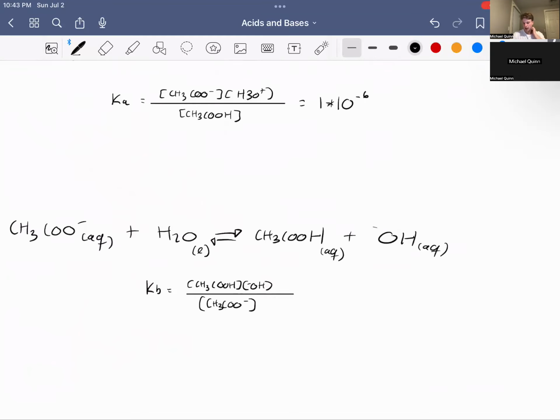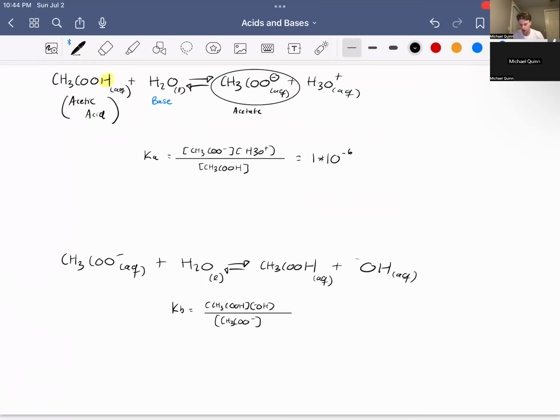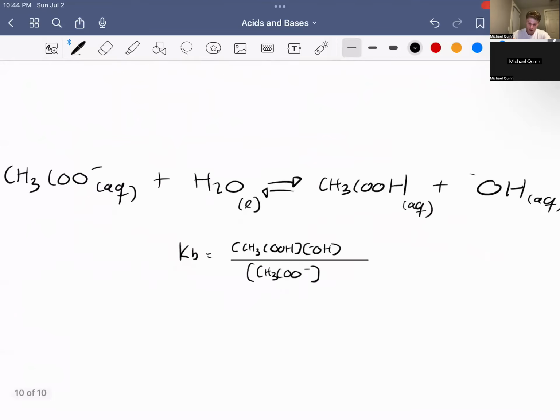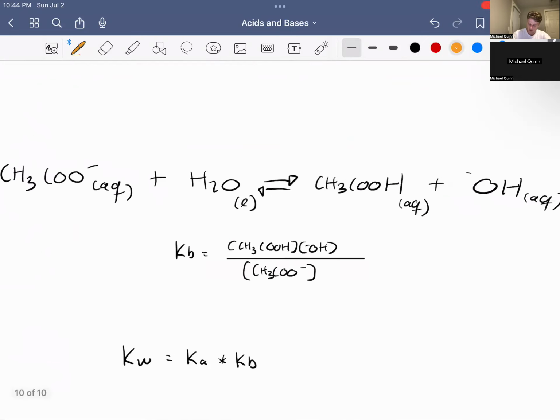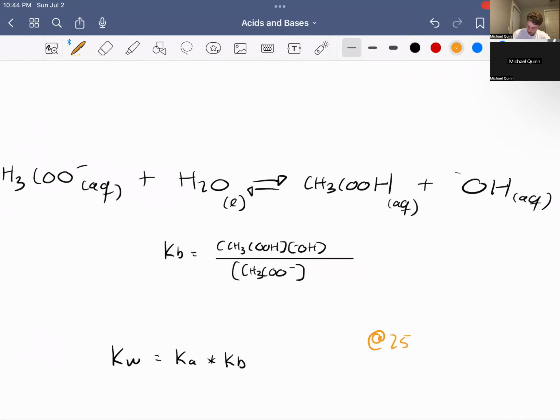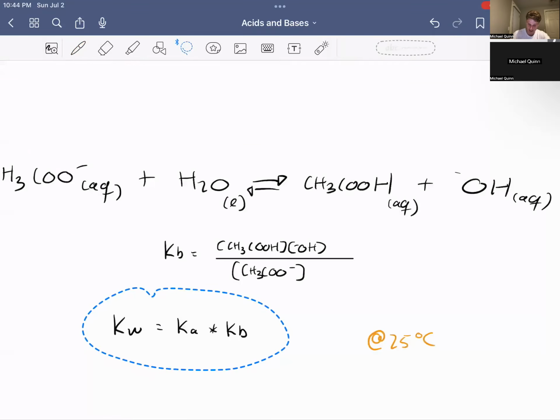If we do not have the value for Kb, we can use Ka and Kw to solve for Kb. So one really important equation to know is that Kw is always equal to Ka times Kb. So if we are at 25 degrees Celsius, we know that Kw is equal to 1 times 10 to the negative 14.